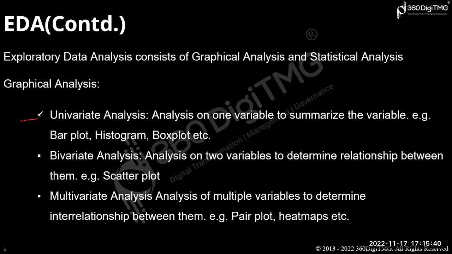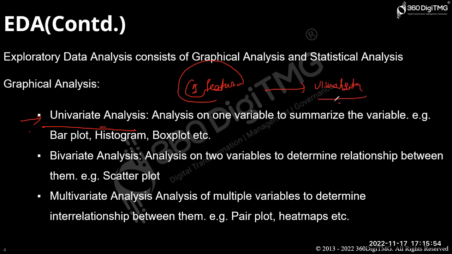One is univariate. Univariate means you will be taking just one feature and then creating the visualization. The name itself says just one variable, and a variable means input or output.